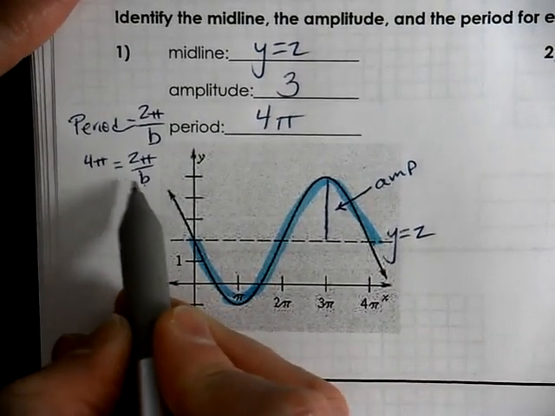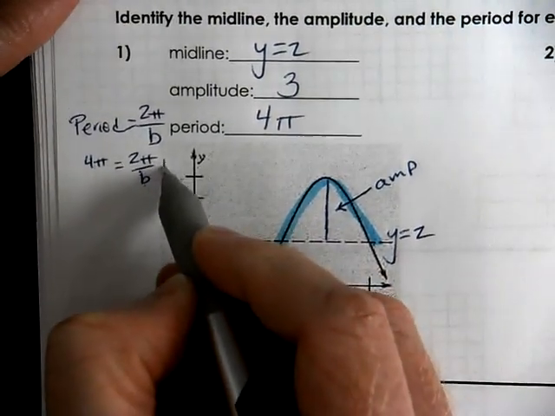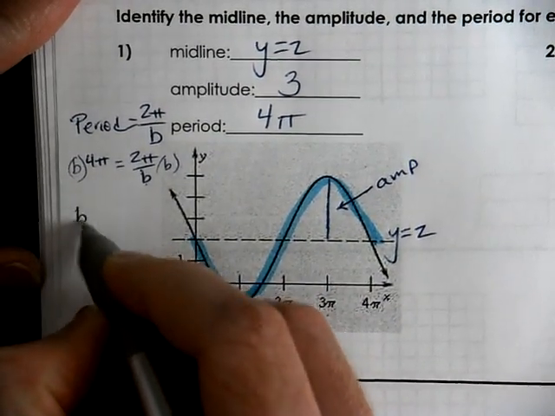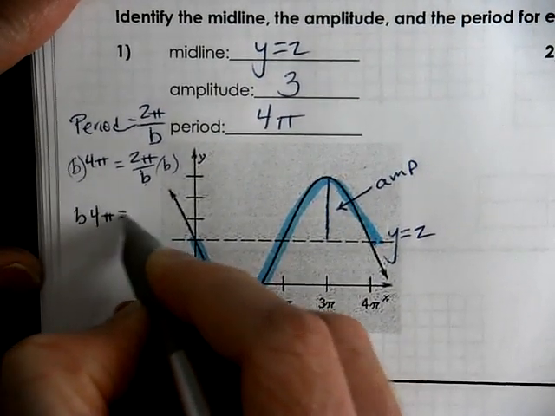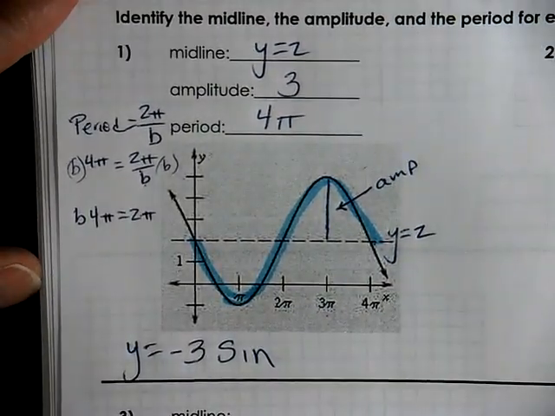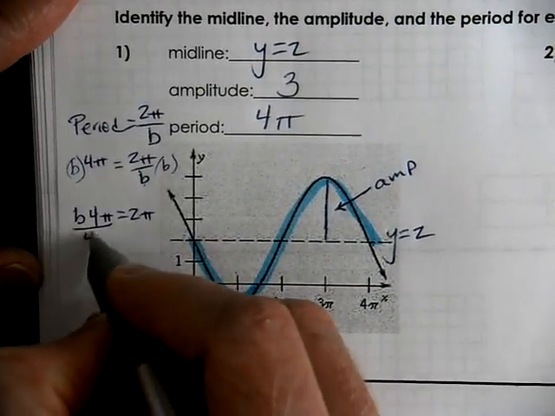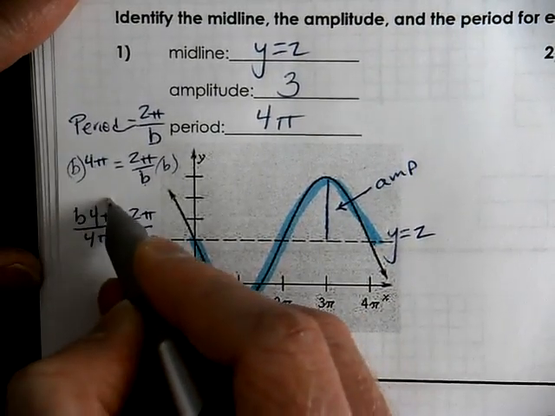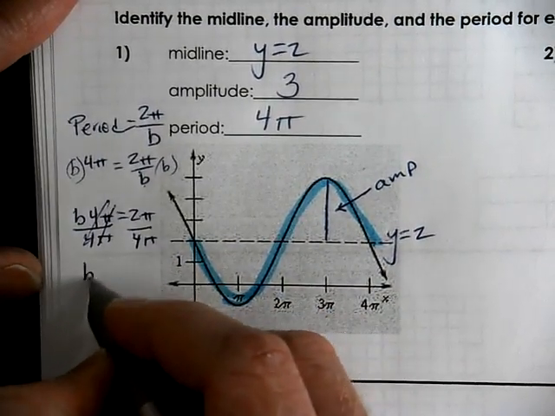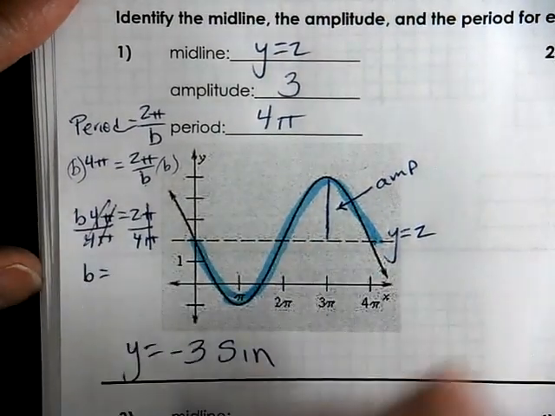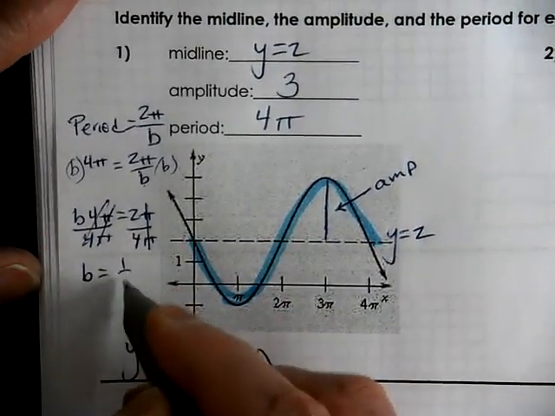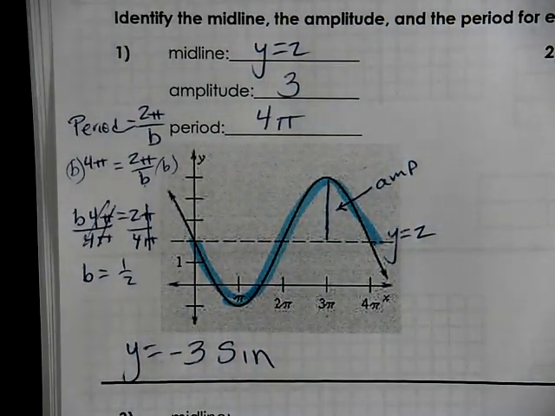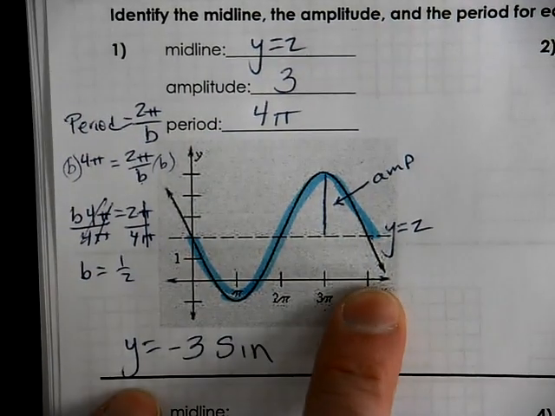So if I multiply by b, and divide by 4 pi, that gets me to be b. Pi's cross off and I reduce. b equals a half. A half is going to make the graph go twice as far out.